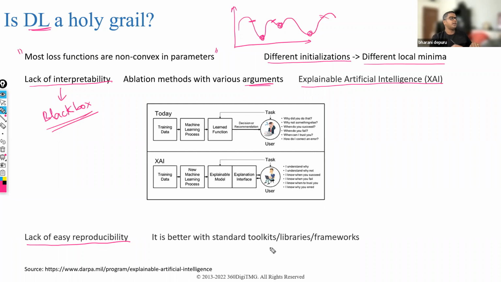So it is always better to use a standard toolkit or library or framework to some extent. And on explainability, DARPA is working on it to bring in a lot of explainability. The US Department of Defense has this unit called DARPA.